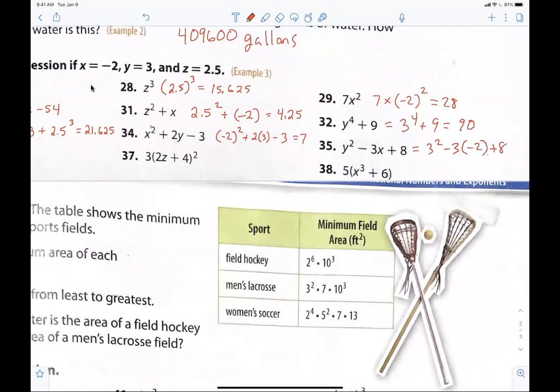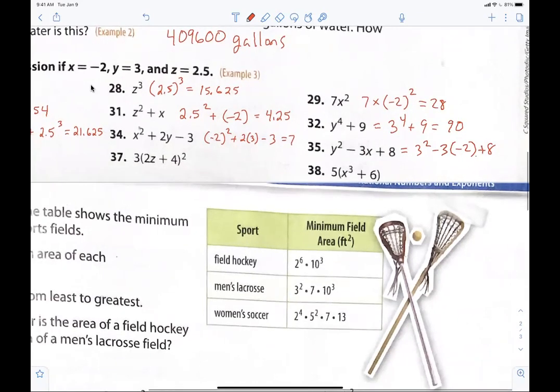That is correct. And that's 23. That's what I got, 23.